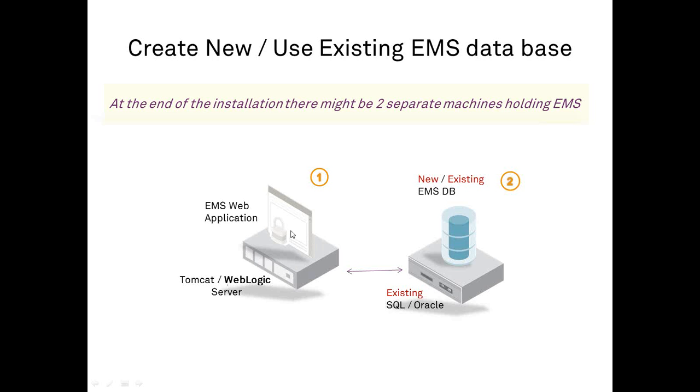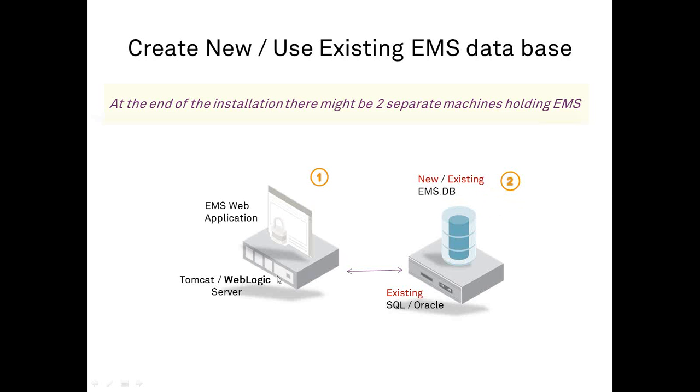Now you can decide that on another machine will be the Oracle or the SQL Server, and on top of them will be the EMS database, either an existing one that you had already been working with or a new one that will be created for you. So at the end of the road there might be two machines.